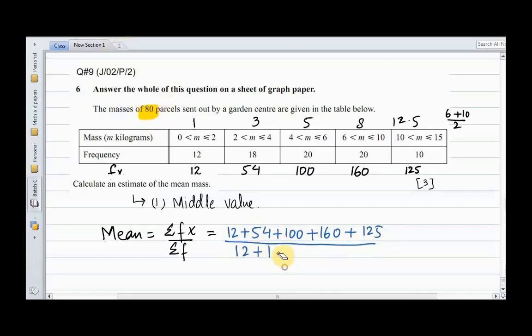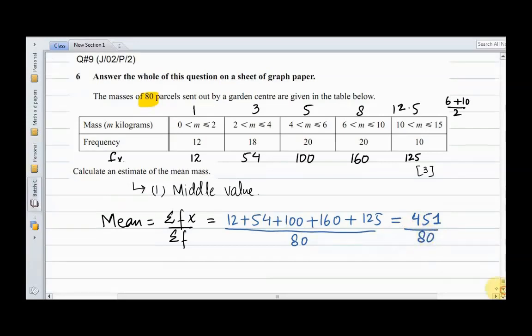So you can write 80 directly. If we add all the values of the numerator, 12 plus 54 plus 100 plus 160 plus 125 gives you an answer of 451 divided by 80. So its value is 5.63, and that is your mean of this continuous data.